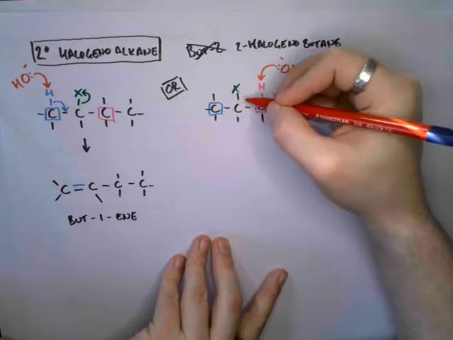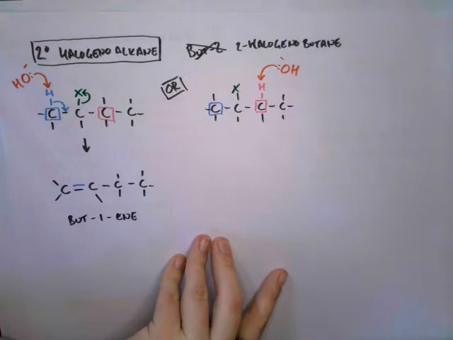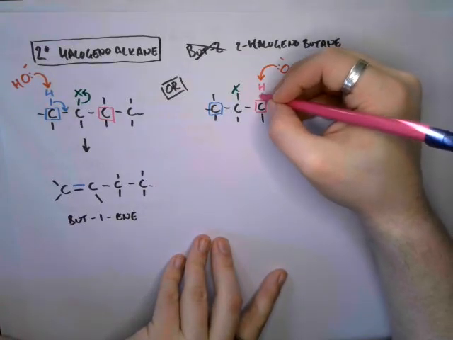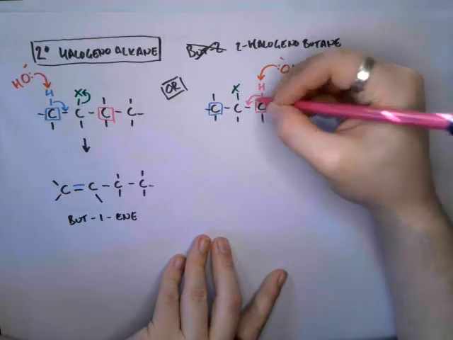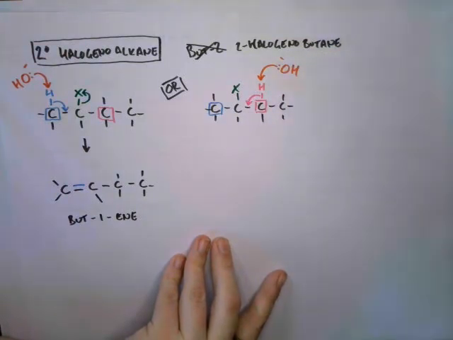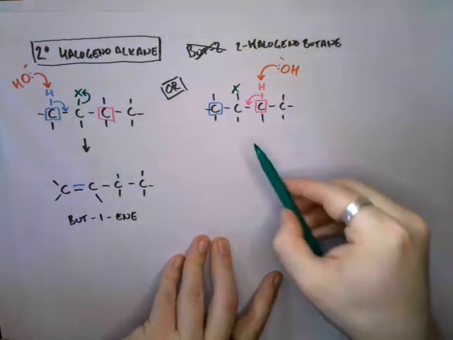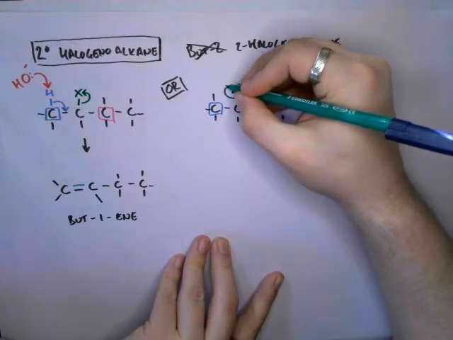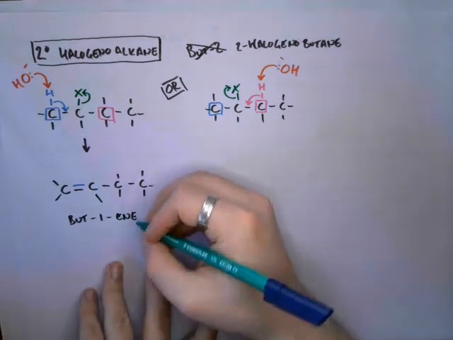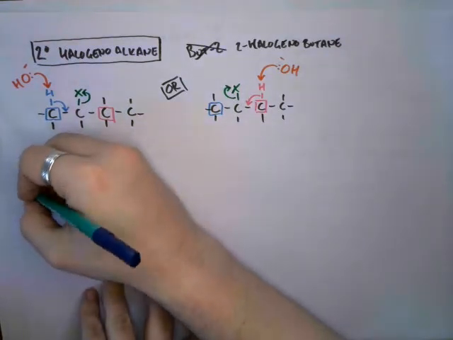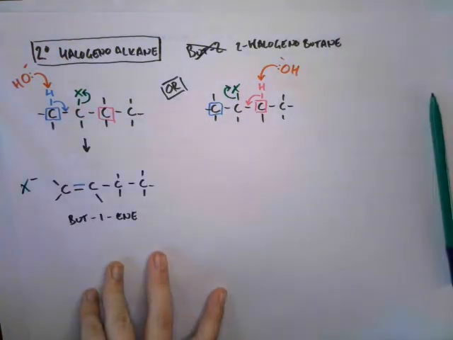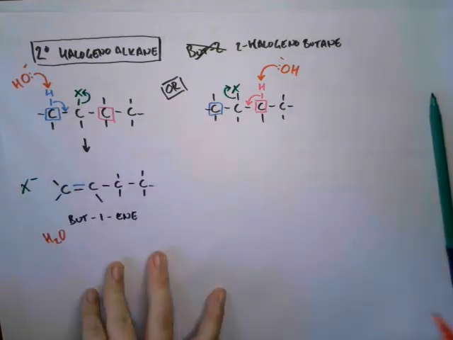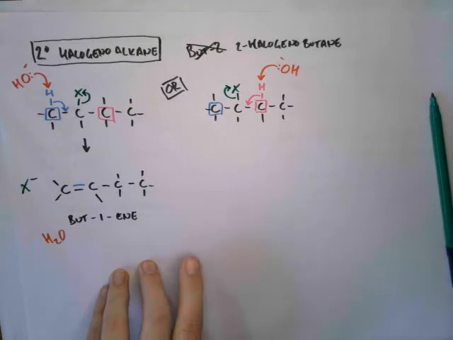So here's my CX bond, this time we're going for the pink neighbour. When this happens, the electrons from the carbon to hydrogen bond go to the bond between that carbon and the carbon to halogen. This extra electron density repels the electrons from this bond to the halogen, producing a halide ion, which I didn't draw on this side actually, so I should be less lazy and put in all of my substances. Okay, so this happens.